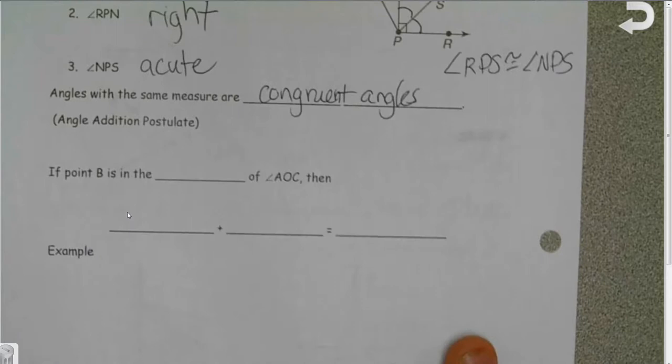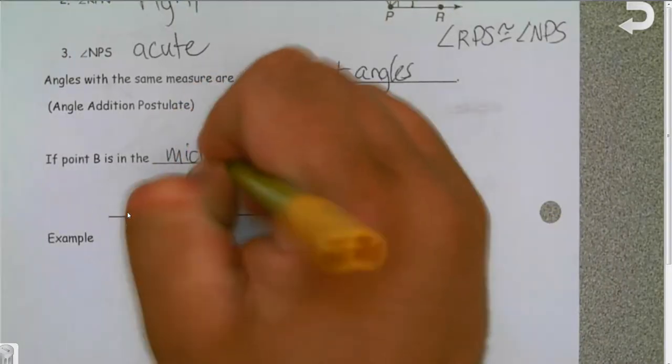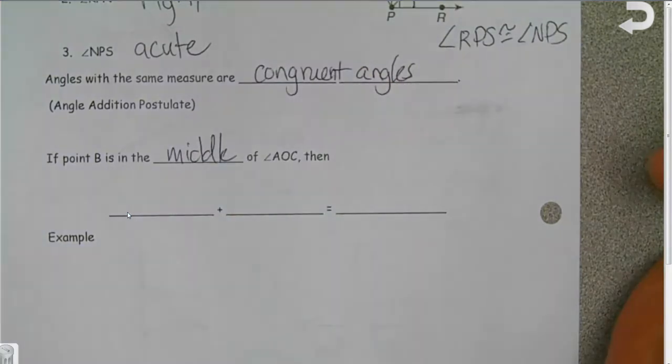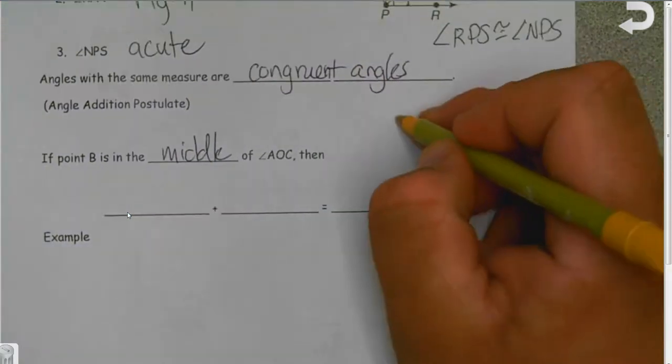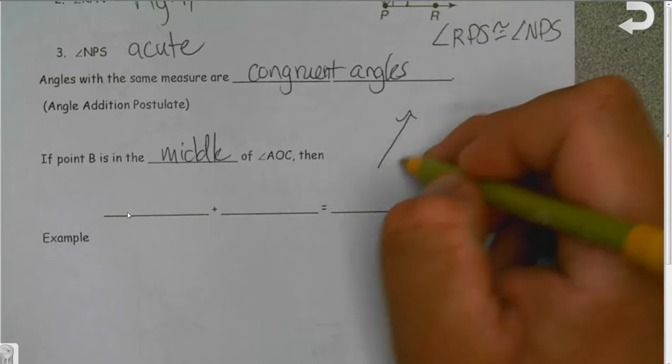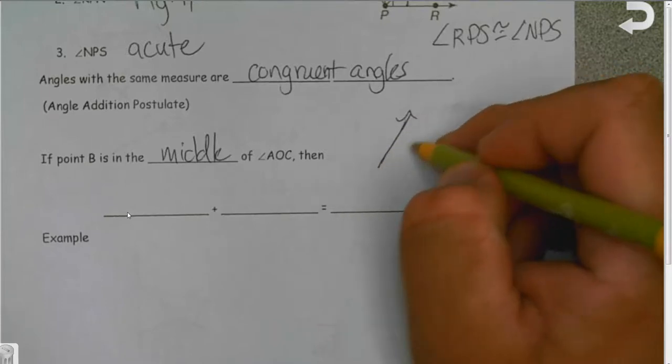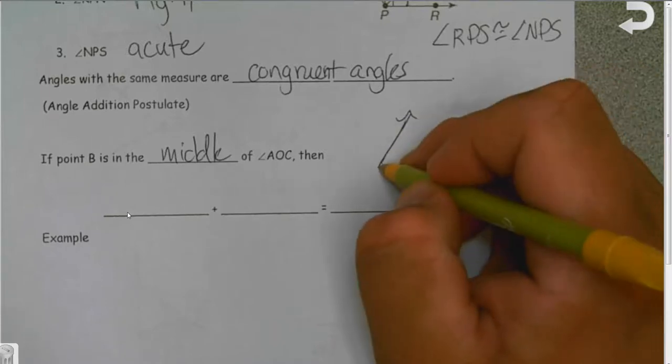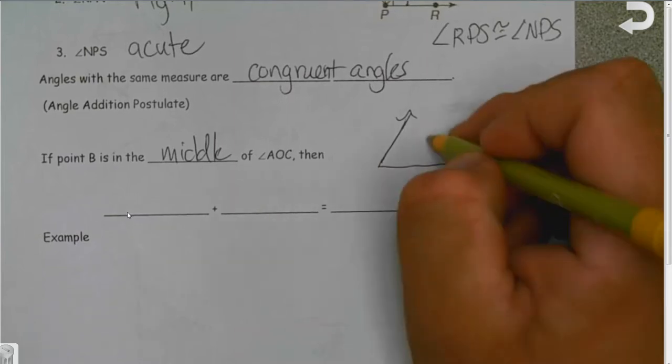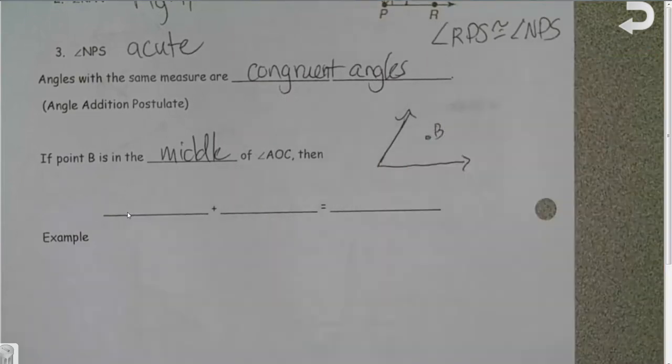So this helps us out with the angle addition postulate. If point B is in the middle of an angle, so let's draw an angle. And let's put point B in the middle.